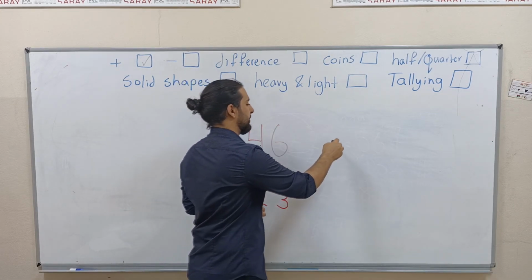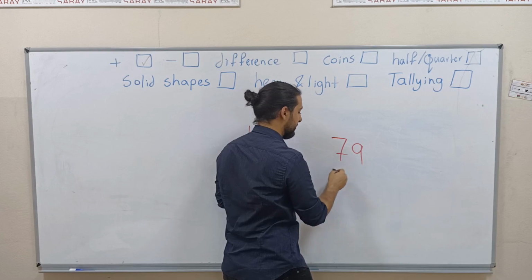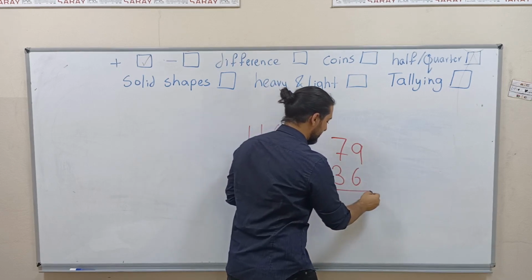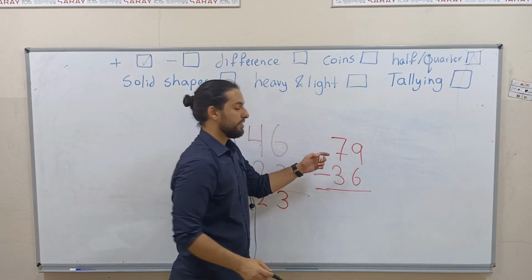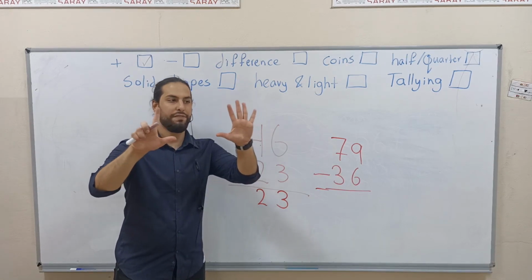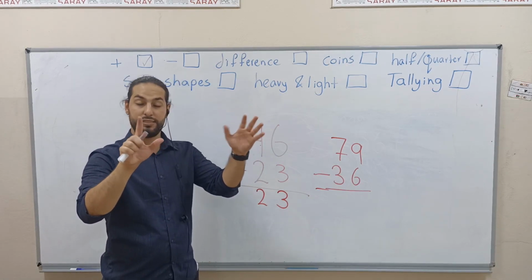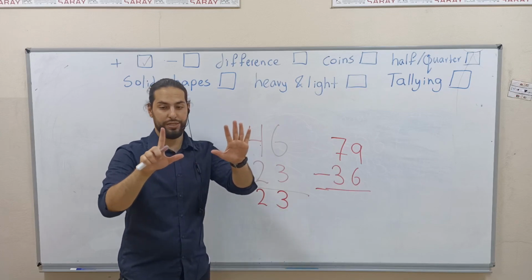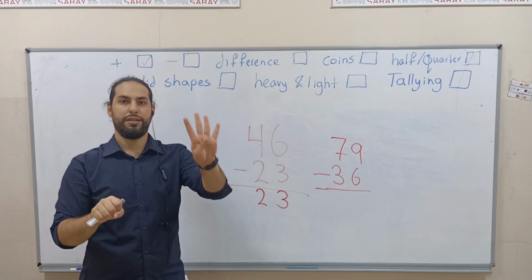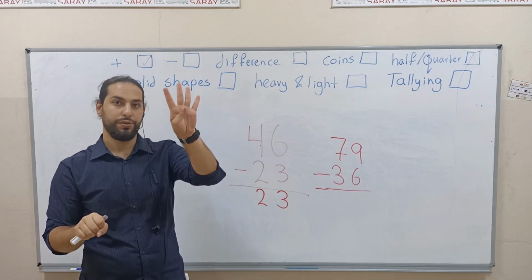Okay, and if we can add a few more, 7 minus 3, 7, 1, 2, 3, 4, 5, 6, 7, and minus 3, 1, 2, 3. The answer is 1, 2, 3, 4.